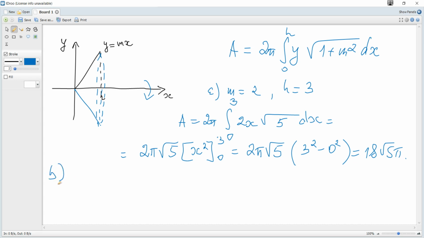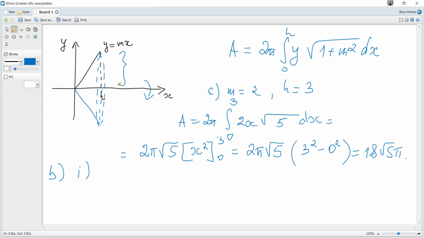The next, B. Now consider the general case where a cone is formed by rotating the line y is mx, where x is greater than or equal to 0 and less than or equal to h, through 360 degrees about the x-axis, and deduce an expression for the radius of this cone in terms of h and m, 1 mark.